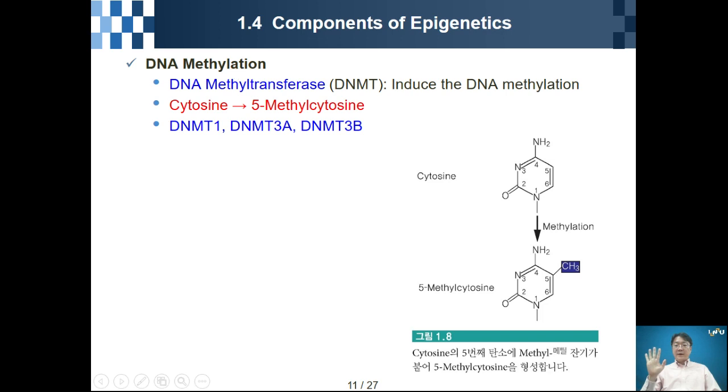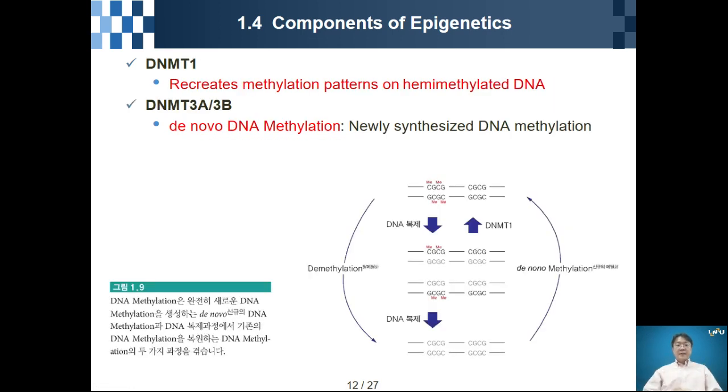Okay, chapter 5. Now we can go to the specific functions of DNMT1 and DNMT3A or DNMT3B. They can all do the DNA methyltransferase function, but they have some different functions.